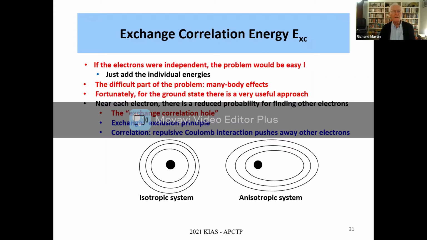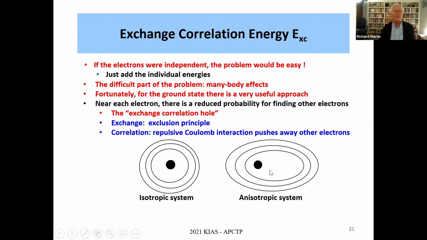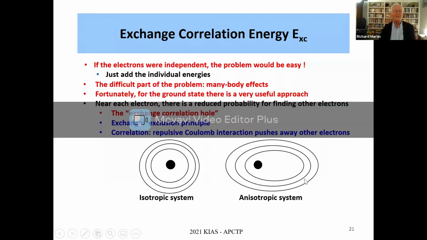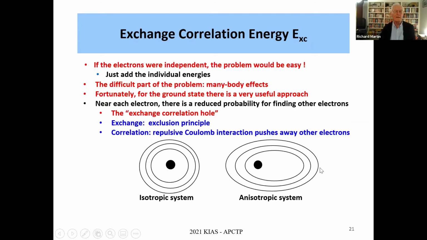Near each electron, there's a reduced probability of finding other electrons because of the exclusion principle and because the Coulomb interactions push away the other electrons. So the result is a hole in the electron density, a decrease in the probabilities of other electrons around a given electron. And this is an example for an isotropic system like the homogeneous gas, and a very simple picture of something that's not isotropic.